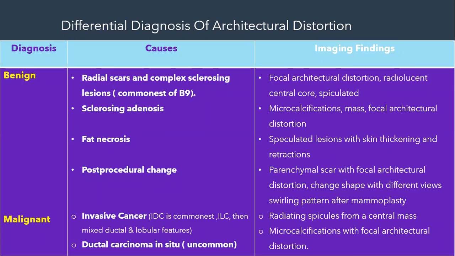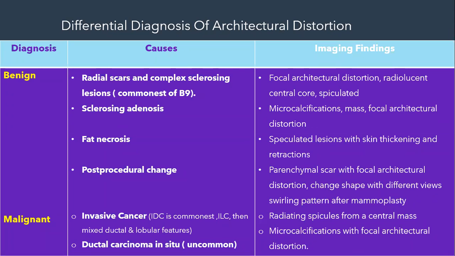With a radial scar there are usually satellite lesions with central lucency and long spicules. With sclerosing adenosis, characteristically associated with microcalcifications, it can present as a mass with distortion, or focal architectural distortion as a standalone lesion.